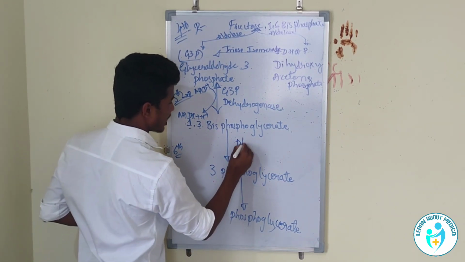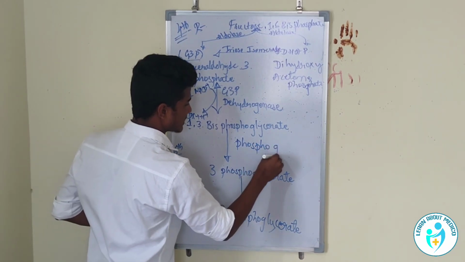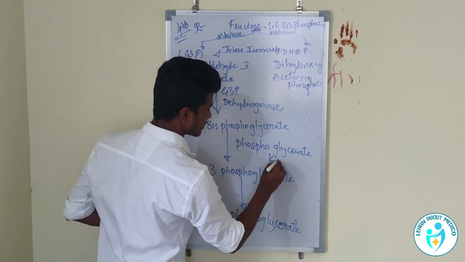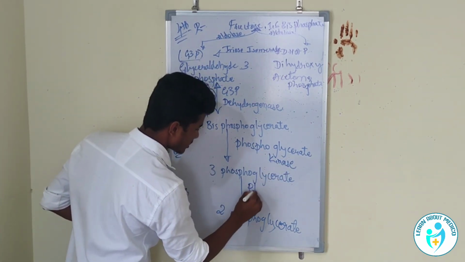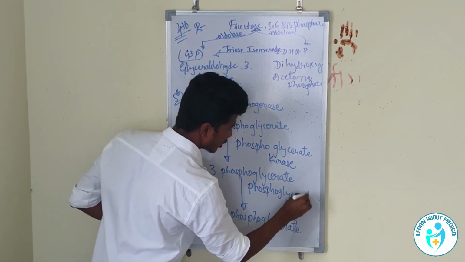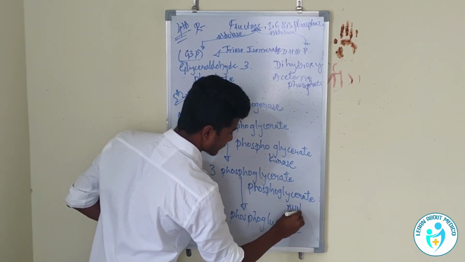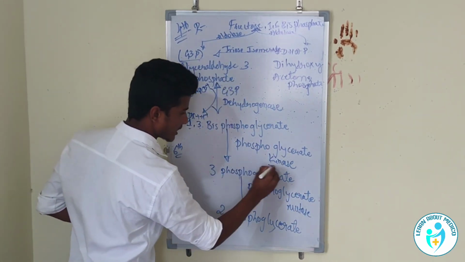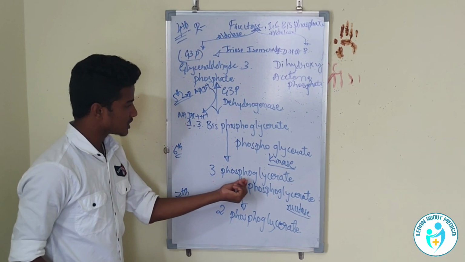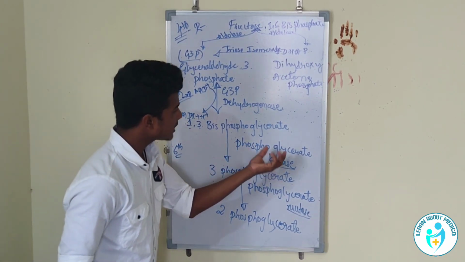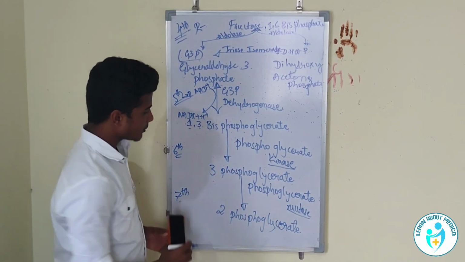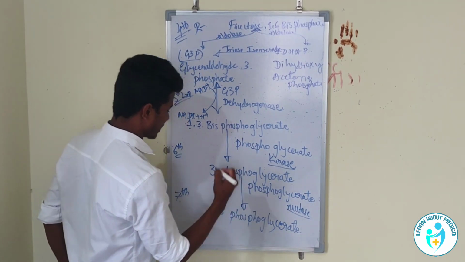Here the enzyme is phosphoglycerate kinase. Here the enzyme is phosphoglycerate mutase. 1,3-bisphosphoglycerate is converted into 3-phosphoglycerate with the help of the enzyme phosphoglycerate kinase, and 3-phosphoglycerate is converted into 2-phosphoglycerate with the help of the enzyme phosphoglycerate mutase.